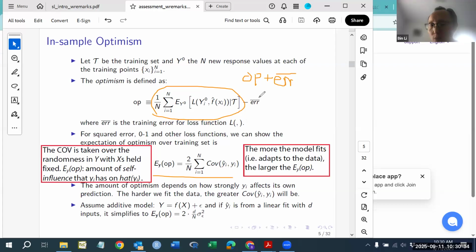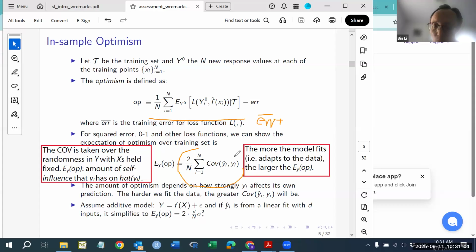Can we? In other words, we move the training error to the left-hand side. Is that clear? So that is our way to find this. We want to find the one that minimizes this by using the training error, then plus the OP. But then you say, wait a minute, we don't know the OP. Yes, we don't know the OP, you are right. But here we can use, instead of the OP, this one.